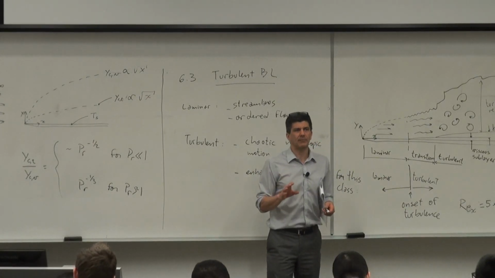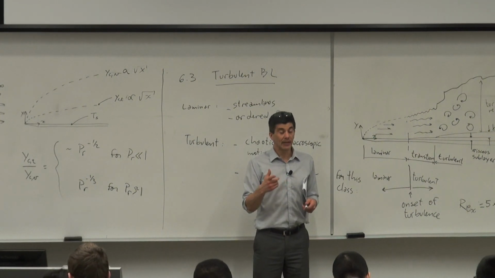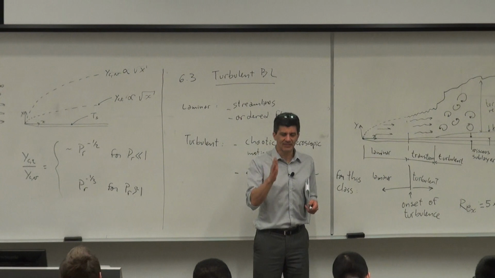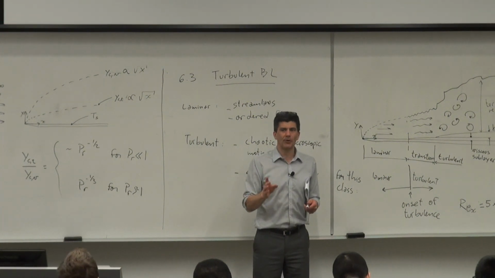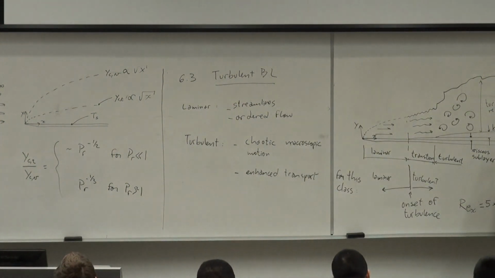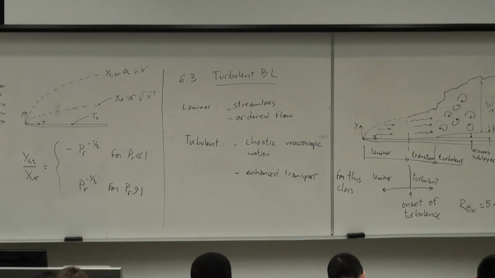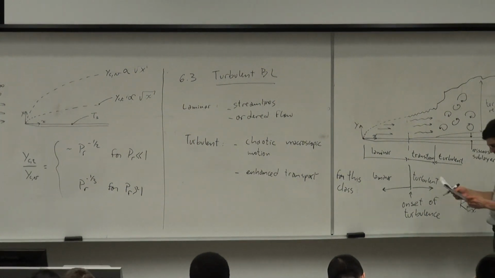But if I'm dominated by turbulence, what dominates the transport is the advection. And in the end, what happens is we have the same thickness for both boundary layers, because advection dominates, so delta_T is more or less the same as delta_V. That's important. So the thickness is more or less the same.